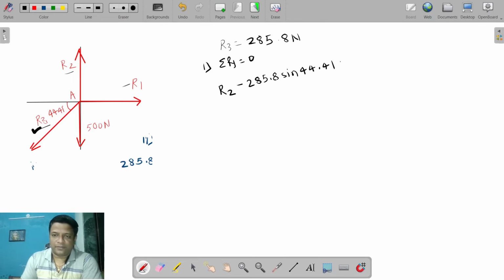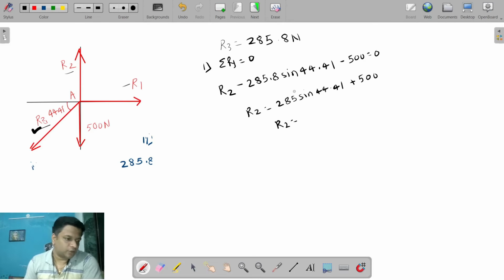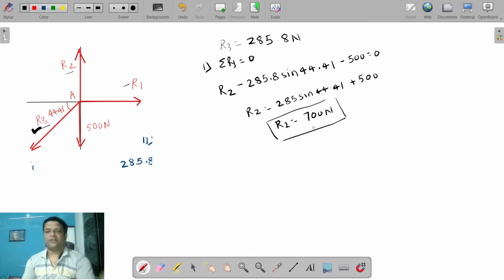Then minus 500, equated to 0. So find out the value of R2. R2 is equal to 285.8 sine 44.41 plus 500. So do the calculation. As per my calculation, it is around 700 Newton. You can cross check the values. So this is the value of R2.